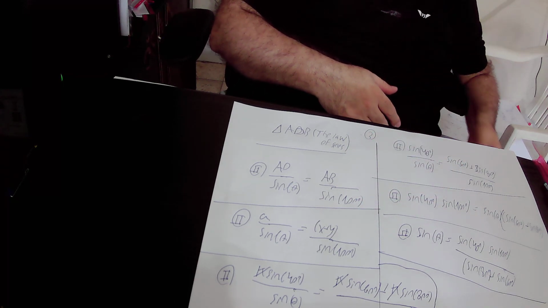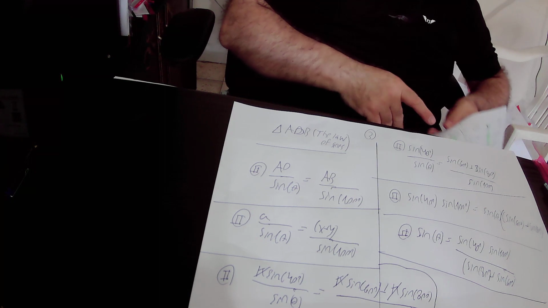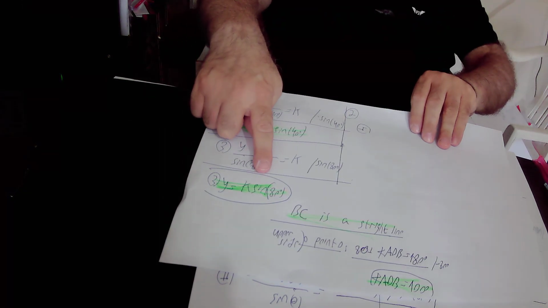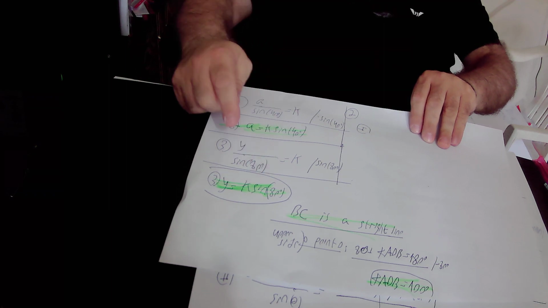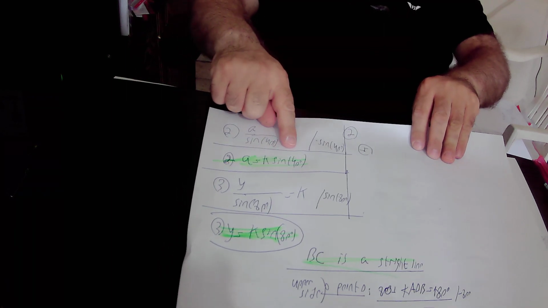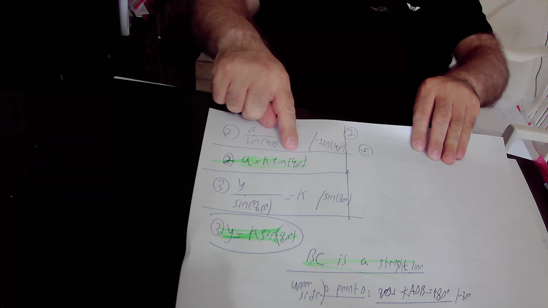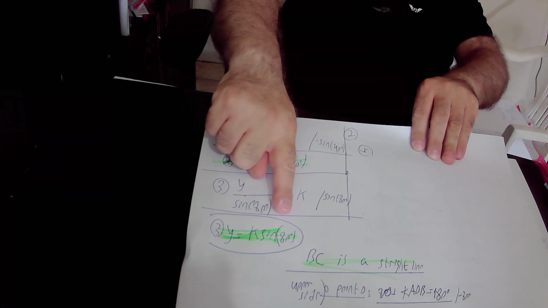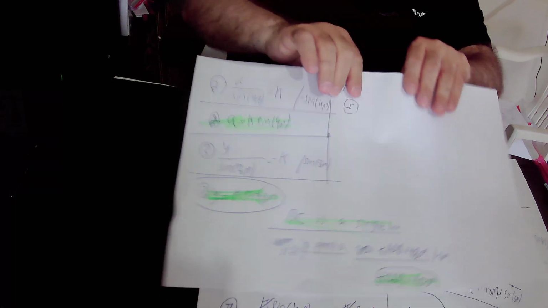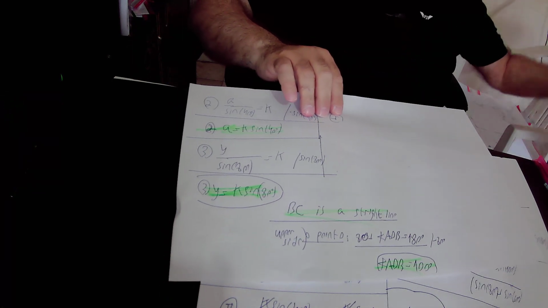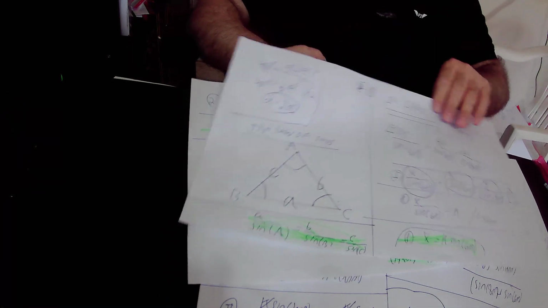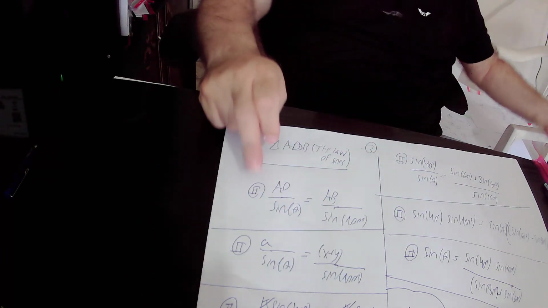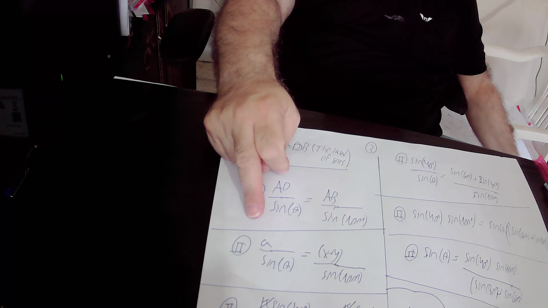Then we substituted A by K times sine 40 degrees. We substituted Y by K times sine 80 degrees, and we substituted X by K times sine 60 degrees in this equation, equation number 2.